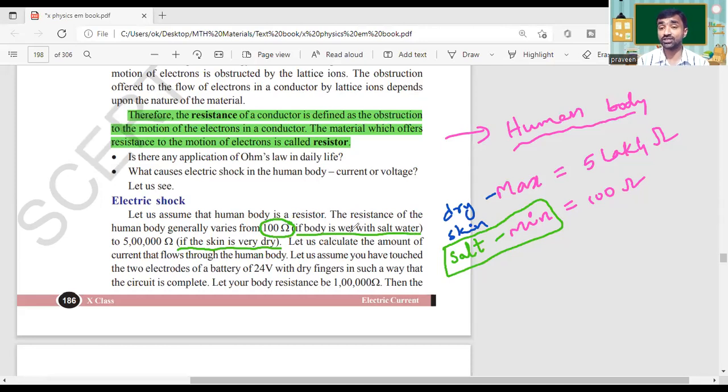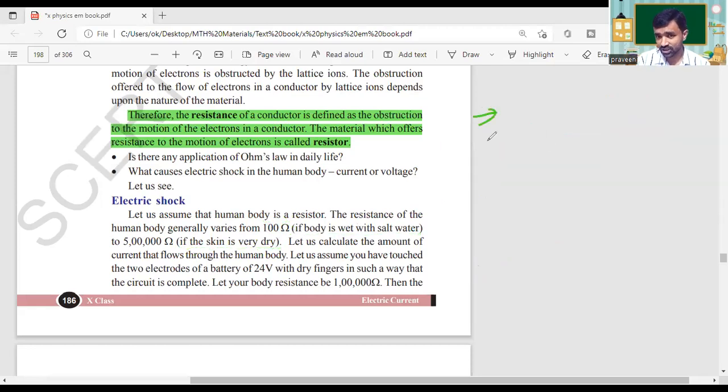So the maximum resistance of the human body is 5 lakh ohms, and the minimum is 100 ohms. Then what happens? Suppose you are connected to a potential difference of 24 volts from a battery. What amount of current will pass through your body if your body offers 5 lakh ohms?